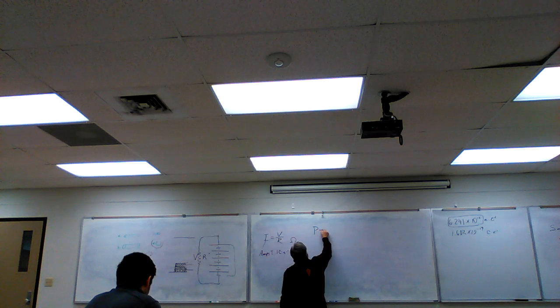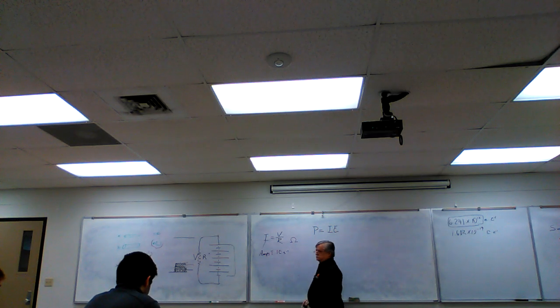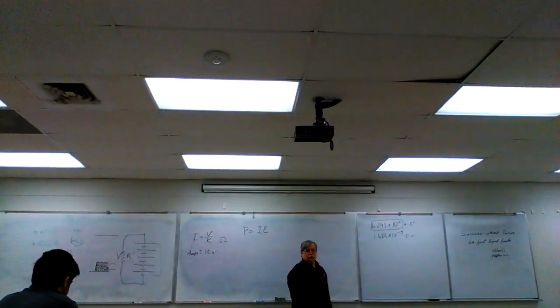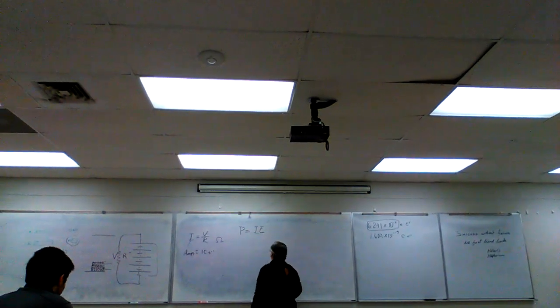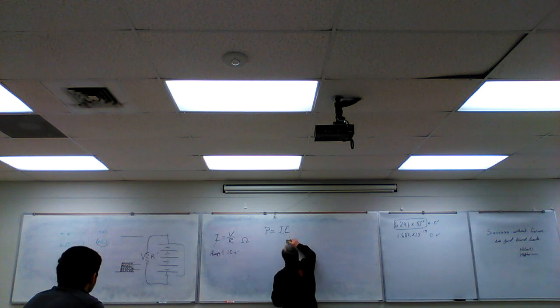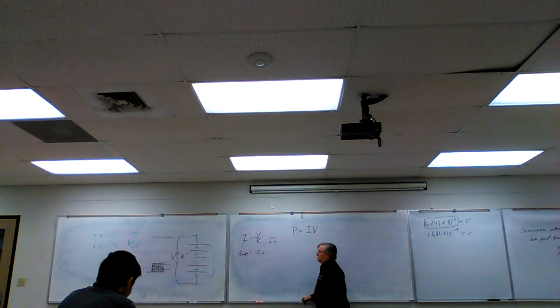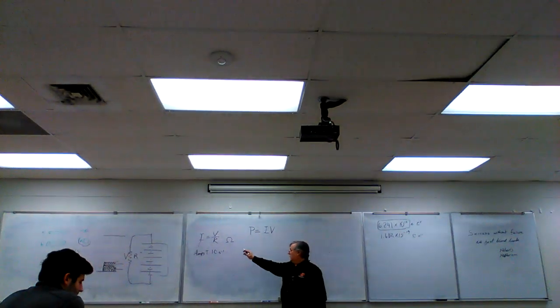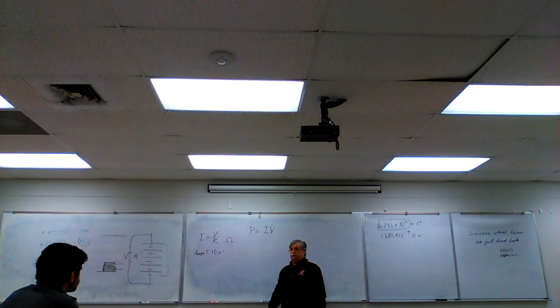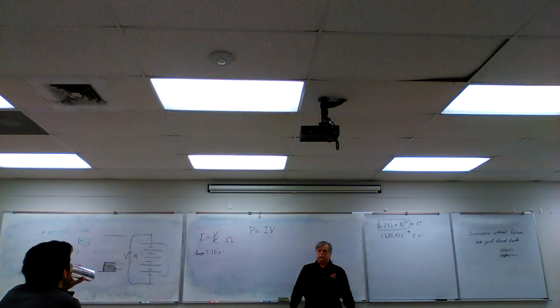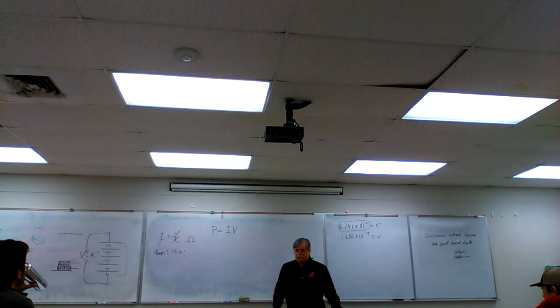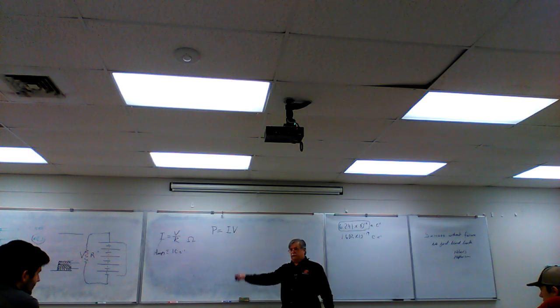I always like to start with P equals IV, or where E is actually V. And so, I learned Ohm's law as I equals E over R, where E was electromotive force, but I don't want to confuse it with the E field.